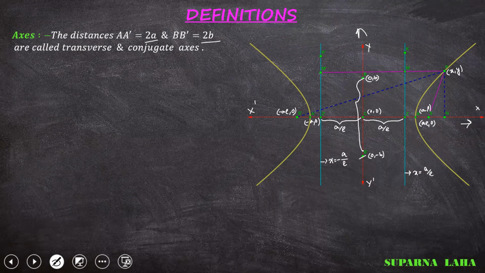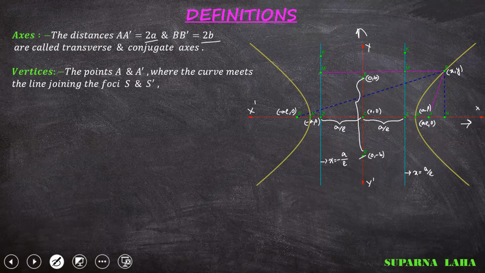Okay, next is the vertex of the hyperbola. So A and A dash are the vertices of the hyperbola whose coordinates are given by minus a comma 0 and plus a comma 0.